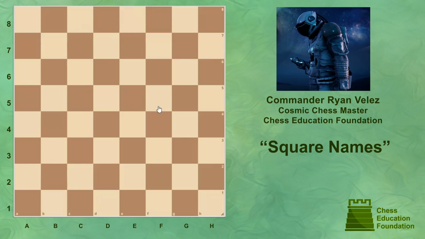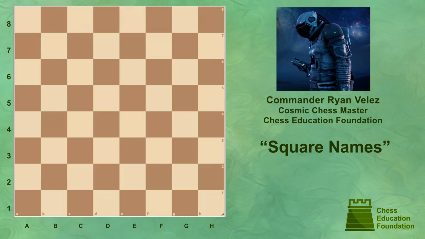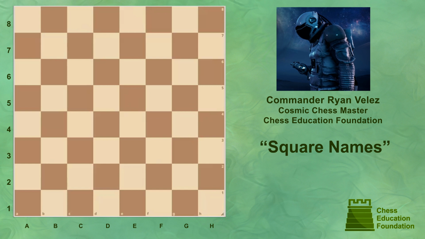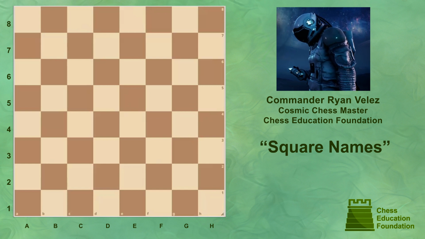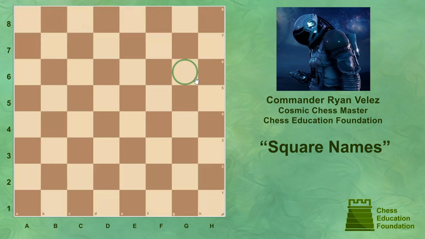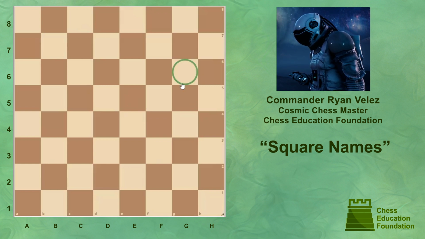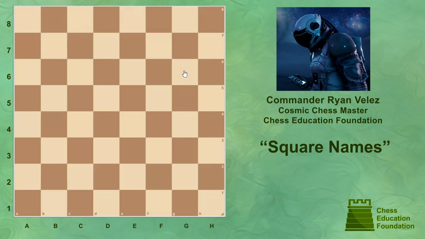So now I'm going to take that away and we're going to look for a new square. We're going to do this 7 more times just for practice. Where is the G6 square? Here it is, G6. So if you saw that, congratulations.